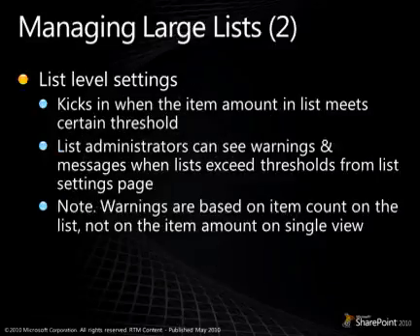At the list level, you'll see a warning on the list settings page if the amount of items exceeds the warning threshold. It's important to notice that the warning is based on the total amount of items in a list. This has nothing to do with the query limiting though.